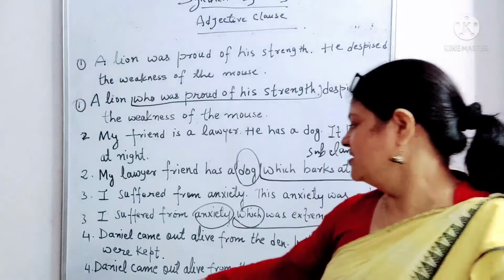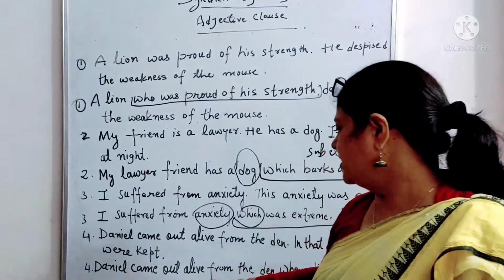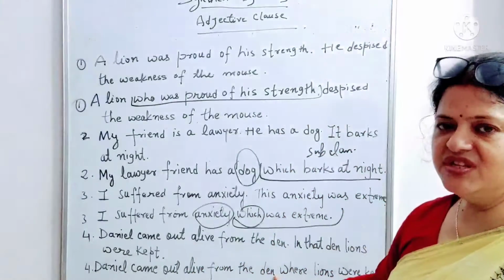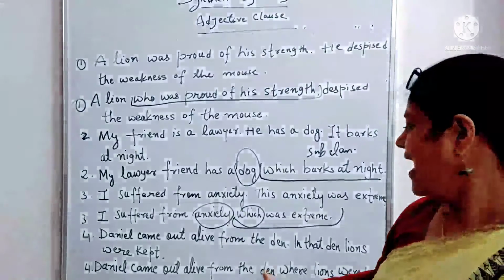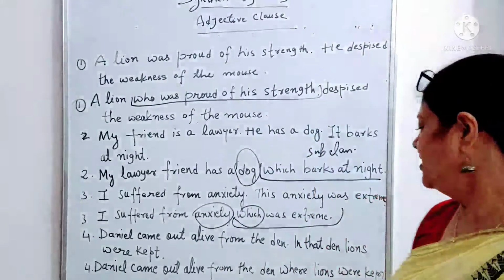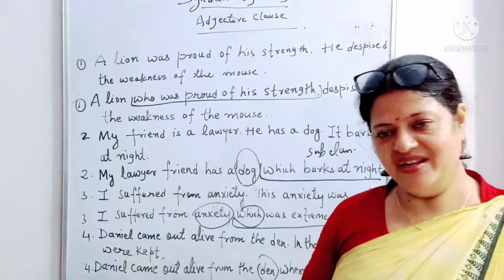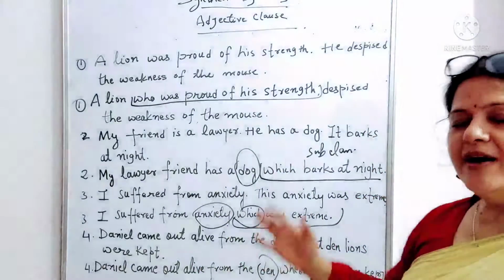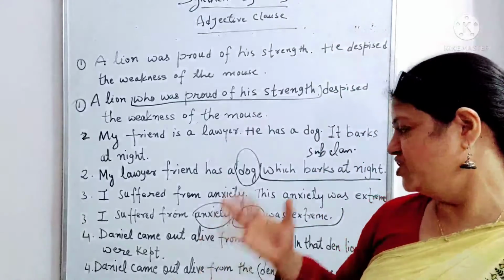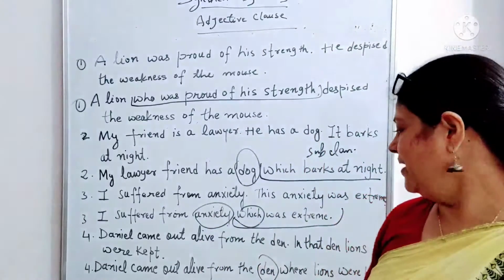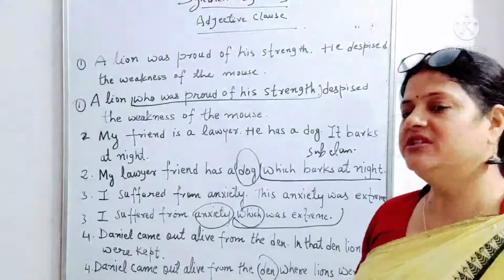It would be like this. Daniel came out alive from the den. Here we have the principal clause, and in the principal clause we have this noun den. So after this noun den, we will have a subordinate adjective clause describing this noun in the principal clause.